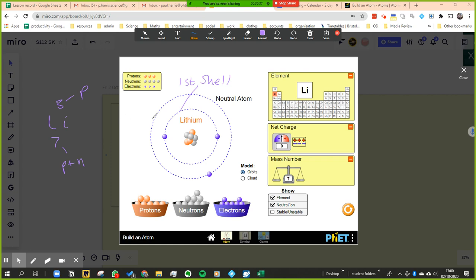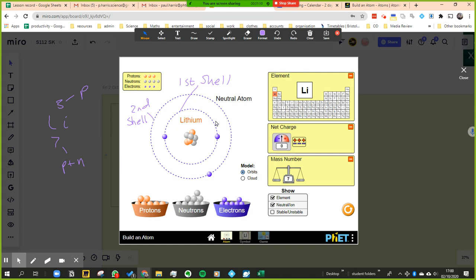The next shell, where the 3rd electron went, can hold up to 8 electrons. But it doesn't necessarily have 8. It depends how many electrons we need to put on. In this case, we needed to put on 3 electrons because it needed to cancel out the 3 protons. So the charges are balanced. Everything's good.